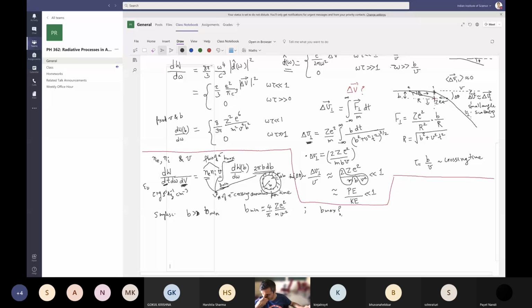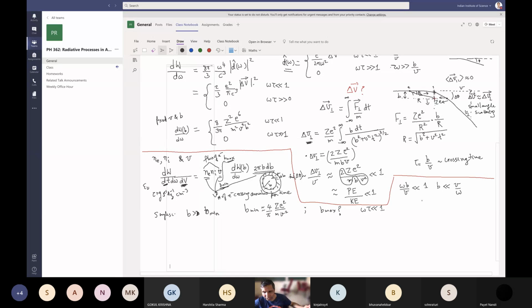See here, we are assuming omega tau to be much less than 1, right? So what was tau? Tau was B by V. So we are assuming omega B by V much less than 1. So B has to be much less than V by omega, right?